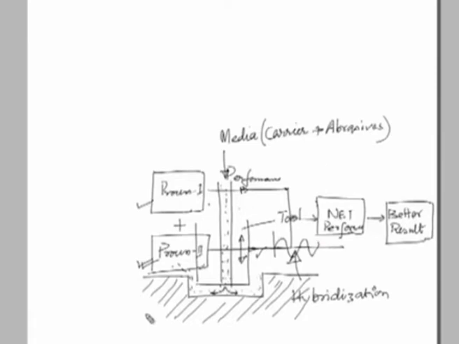This can be given an ultrasonic movement, that is ultrasonic frequency. It can be moved, and therefore, what will the net effect be? Along with this tool, this will impart ultrasonic motions to this media.